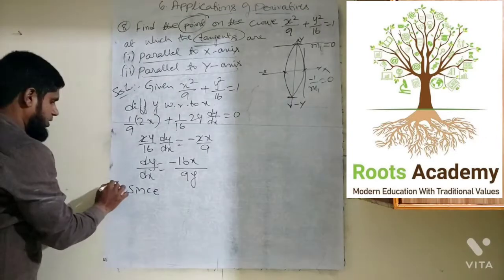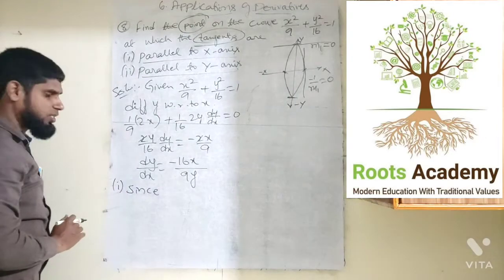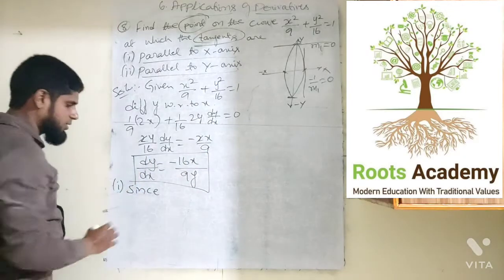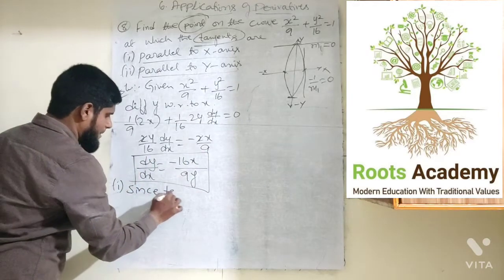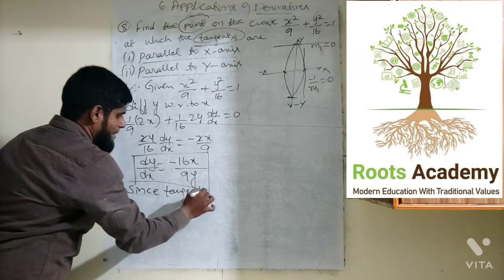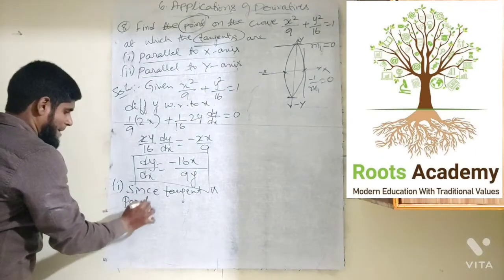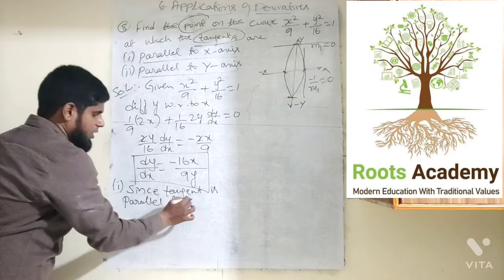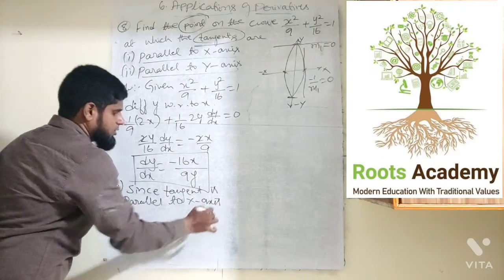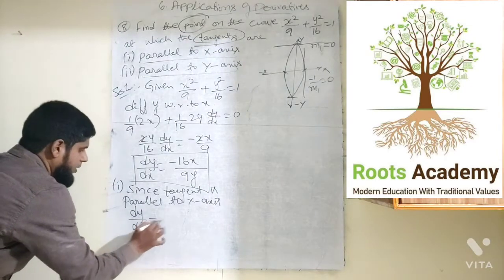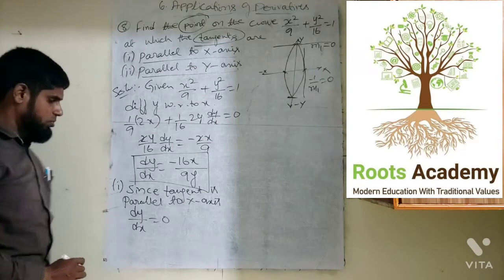This is the first case I am studying now. Now we are discussing the first case. Tangent is parallel to x-axis. dy by dx is equal to 0.